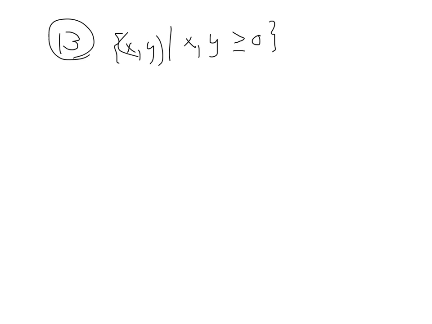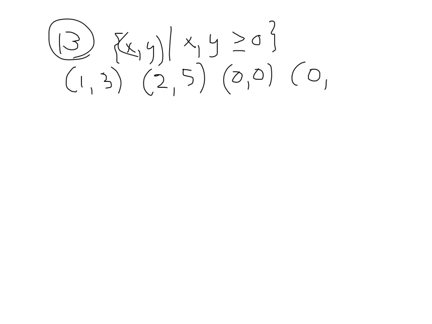Okay? So for example, 1, 3 is in there. 2, 5 is in there. 0, 0 is in there. 0, 1 is in there. 5, 0 is in there, etc., etc.